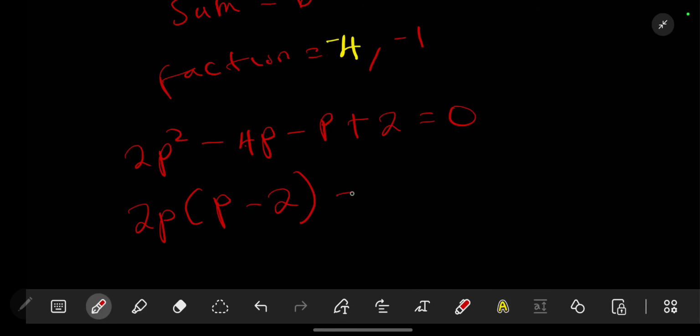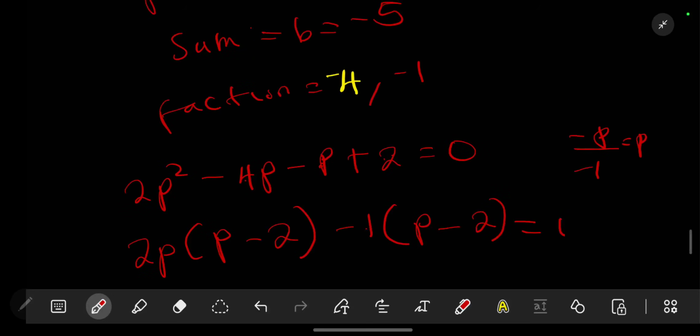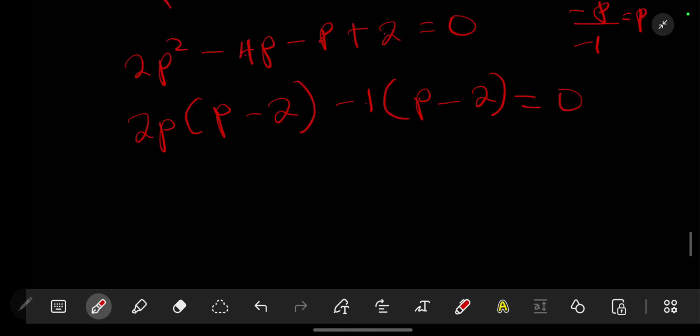Then minus 1 is common here, so negative p divided by negative 1 is positive p, so we say p, and negative 2 divided by negative 1 is minus 2, should be equal to 0. So our two brackets, we have p minus 2, we have 2p minus 1 should be equal to 0.